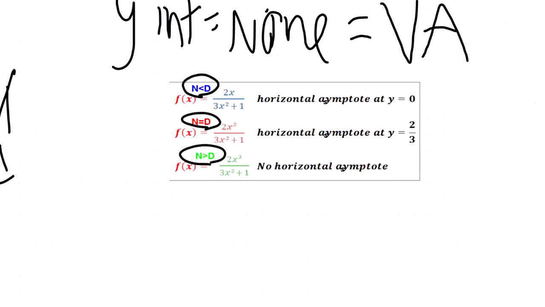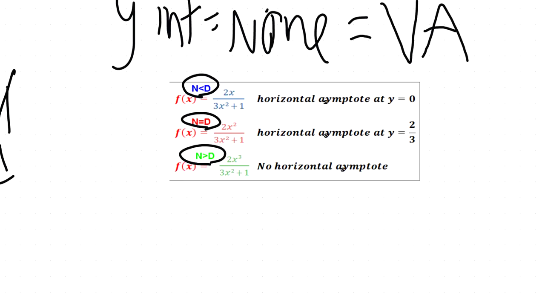The degree of the numerator is the x with its exponent. If the degree of the numerator is less than the degree of the denominator, we use the first option. If they are equal, that's what the n and d mean, numerator and denominator, we use the middle option. If the degree of the numerator is greater, we'll use the bottom option.